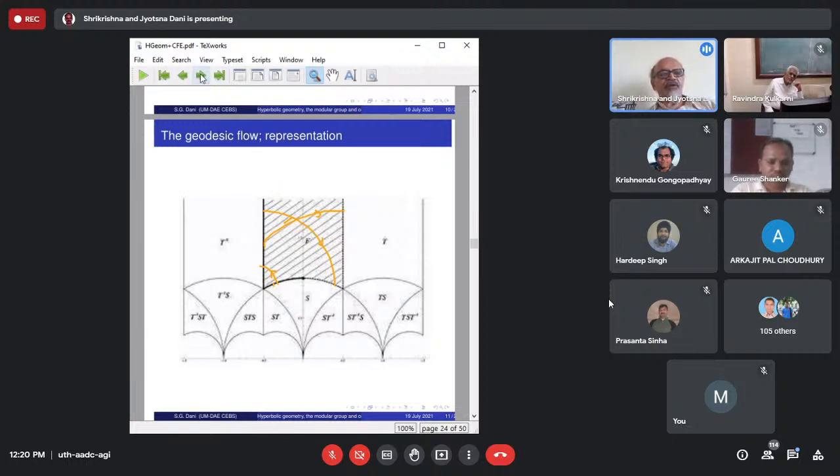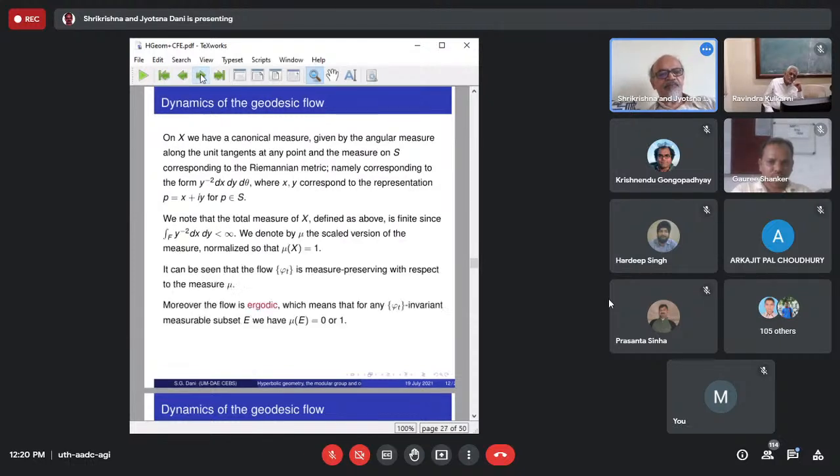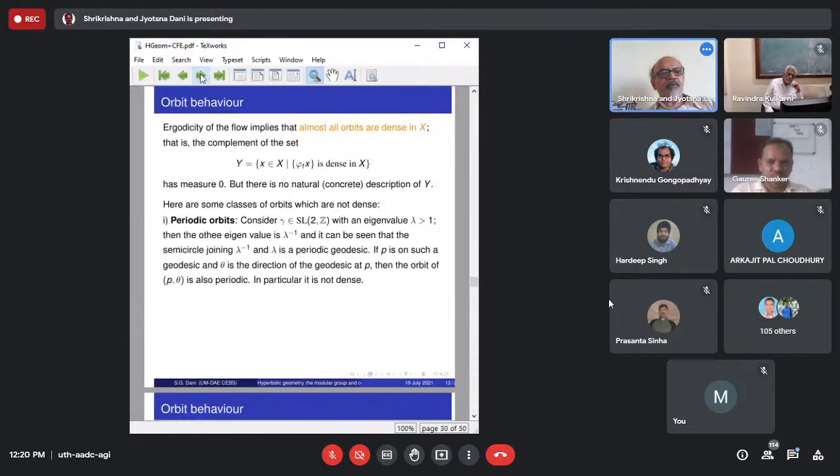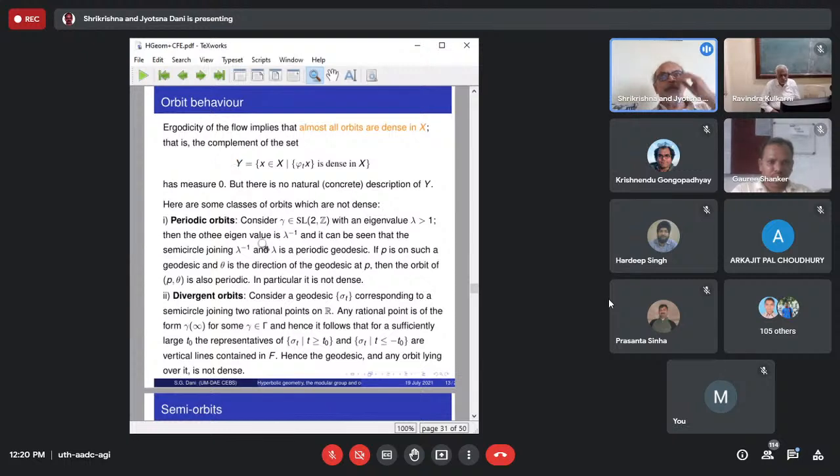So this way you get periodic geodesics, and if you have a point on that and a direction which goes along that, then that will actually be a periodic trajectory of the geodesic flow.